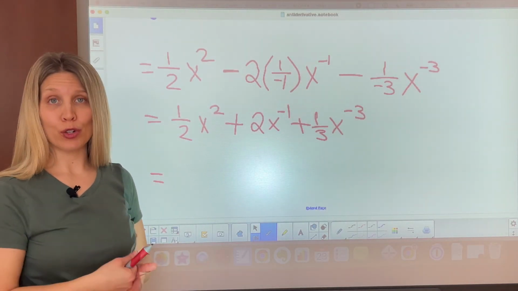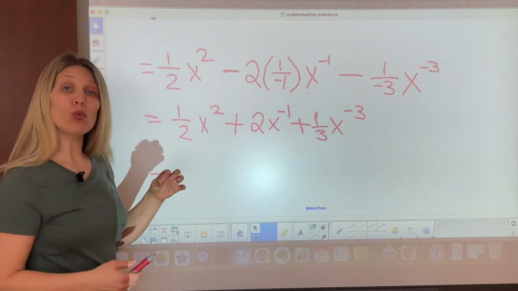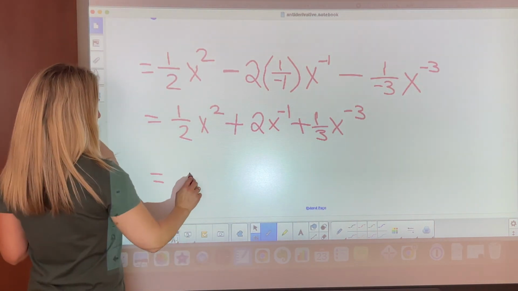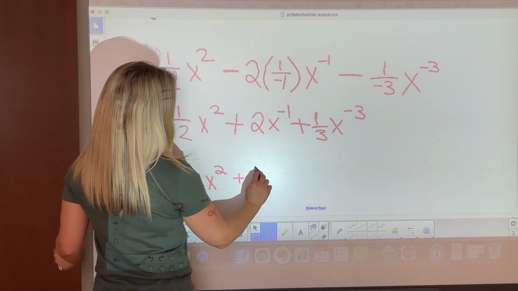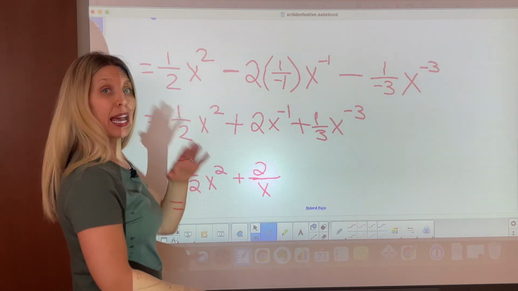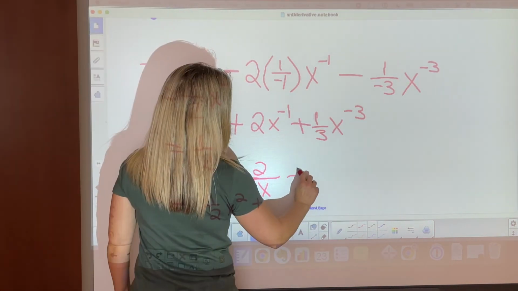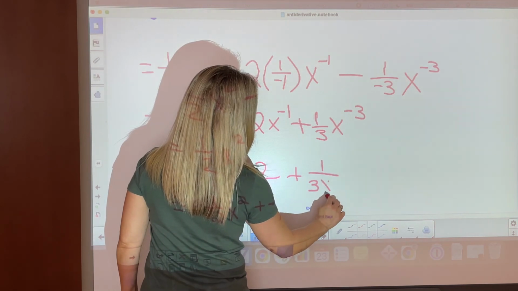Depending on how your teacher wants your answer or the back of the book, you could possibly leave it like that. If you want to get rid of negative exponents, it would be 1/2 x squared plus 2 over x. Remember that negative says, hey you, flip over. Plus 1 over 3x cubed.